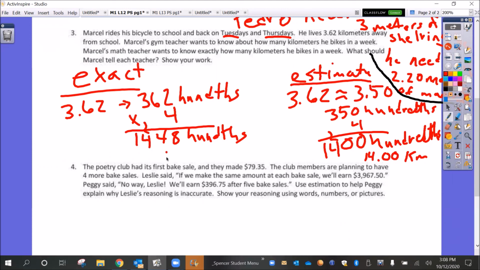So we have 14 and 48 hundredths. So our exact is 14 and 48 hundredths of a kilometer, and our estimation was 14 kilometers.